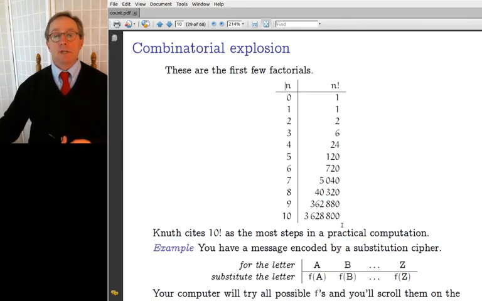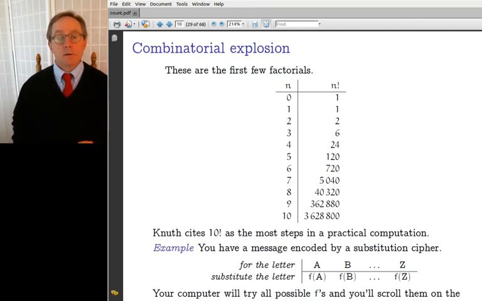Knuth, for example, cites 10 factorial as in some sense the most steps in a practical computation. Let's imagine that you're taking the 26 letters in the alphabet and you're going to scramble them all up, and you're asking yourself how many possible scrambles there are. So you're looking for the factorial of 26.